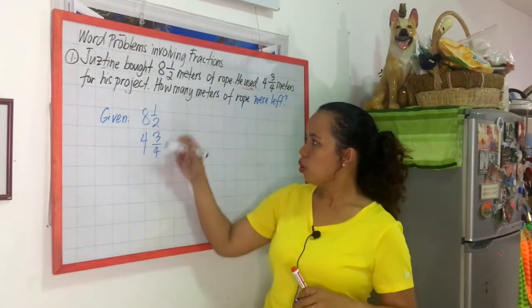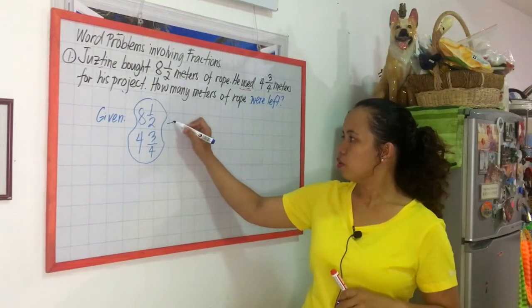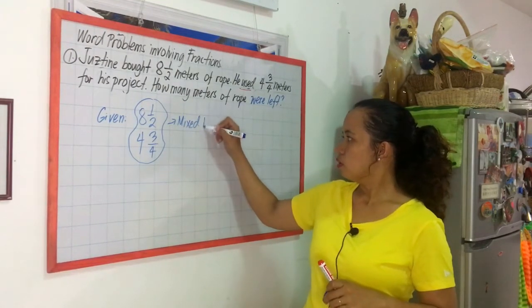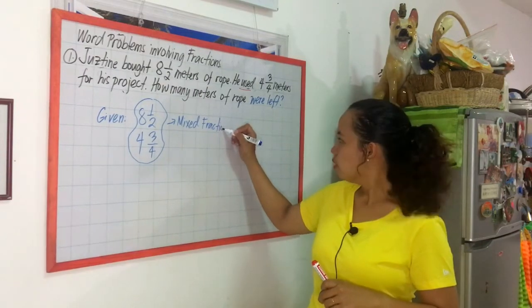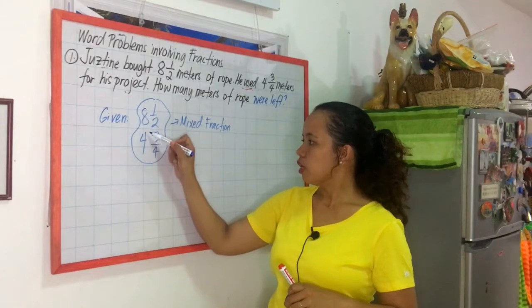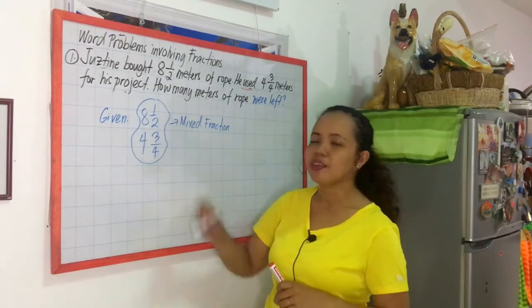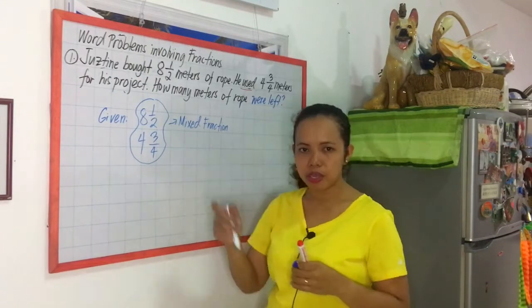Since this type of fraction, you call this one mixed fraction. Bakit nga ba mixed? Mixed fraction dahil meron tayong whole number. Itong 8 and 4, they are whole numbers, and meron tayong fraction. So, it's a combination of a whole number and a fraction. Kaya ang tawag sa kanya mixed fraction.